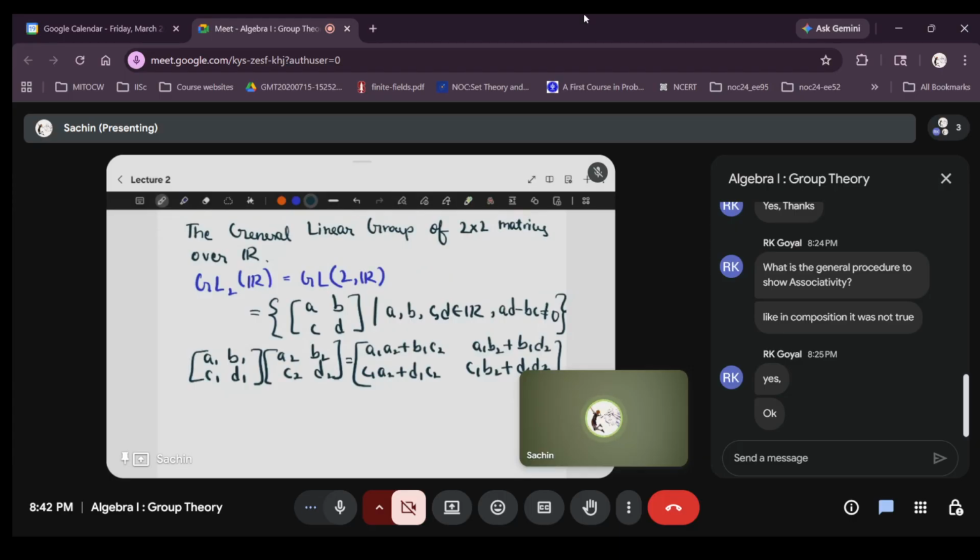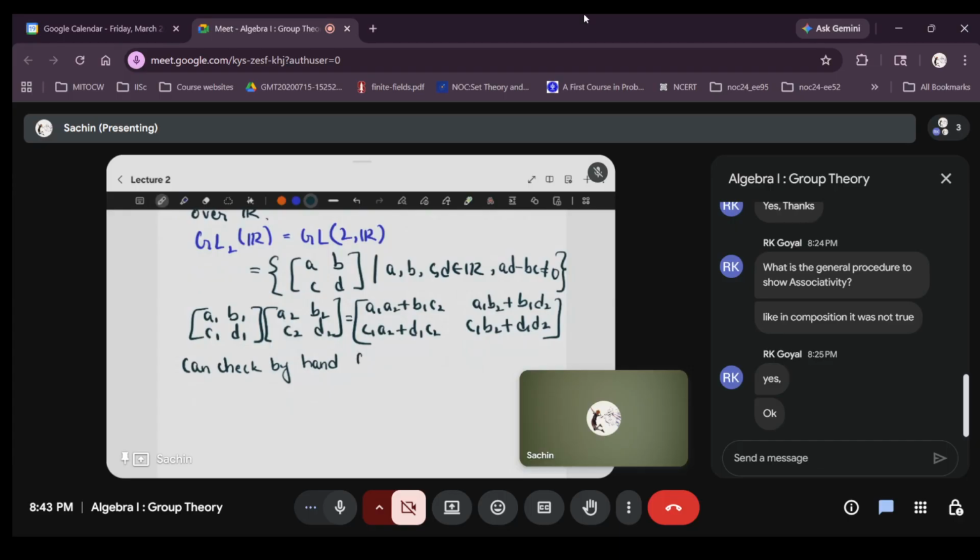That is the multiplication operation that we define. Associativity, you can actually check by hand since it's only the 2 by 2 case. You can take another matrix A3, B3, C3, D3 and multiply them out and check if you get the same matrix.